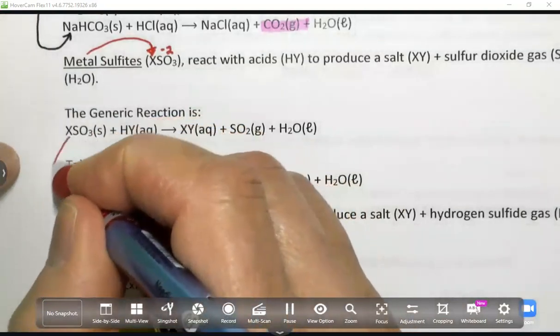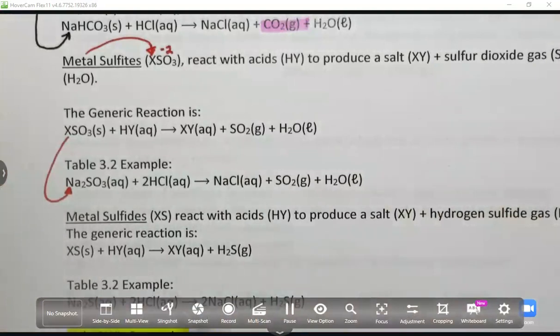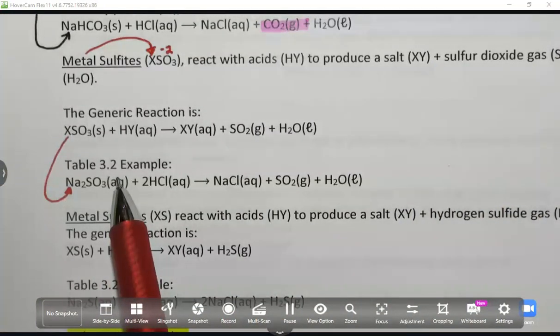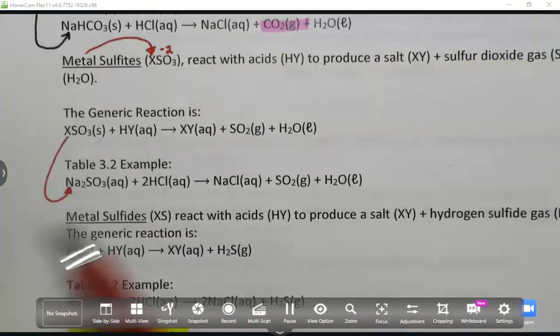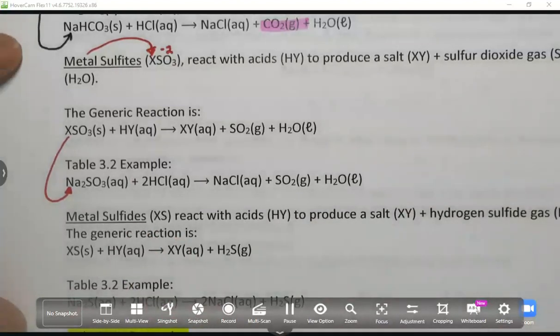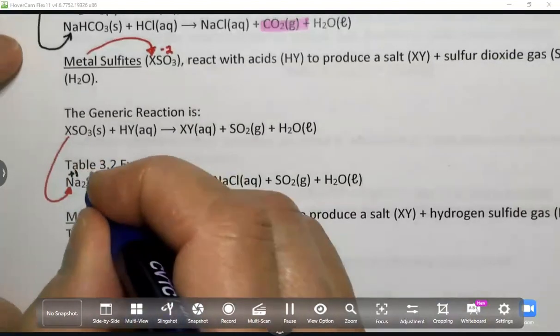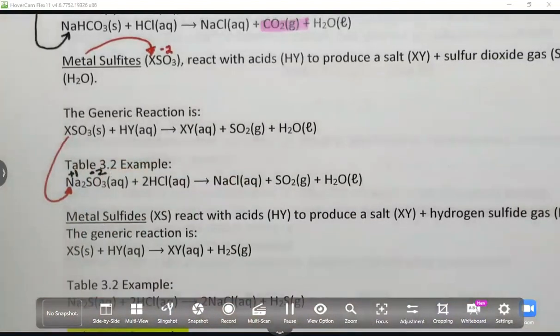So I use sodium as an example again. Actually, this is from table 3.2 in your book. So we have sodium sulfite, and sodium is +1, sulfite -2.